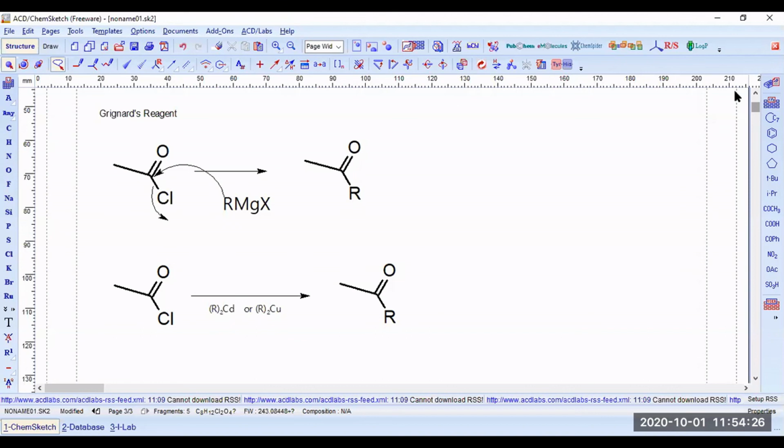Next, up to now we have seen only one method. What is that? Acid chloride to aldehydes, acid chloride to ketones, by using LBAH, DBAH and Grignard reagent. See, three important examples we have seen.